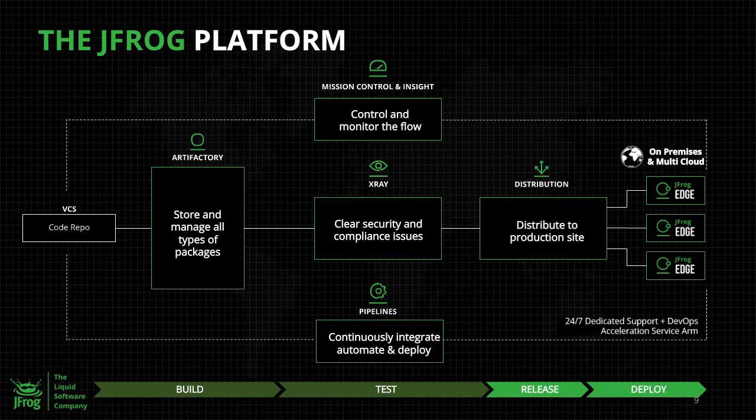Last but not least, on the top of my diagram, you can see Mission Control and Insights. Mission Control is a central dashboard to control and monitor all the JFrog tools along your toolchain.